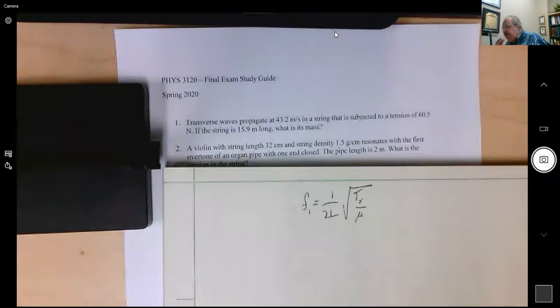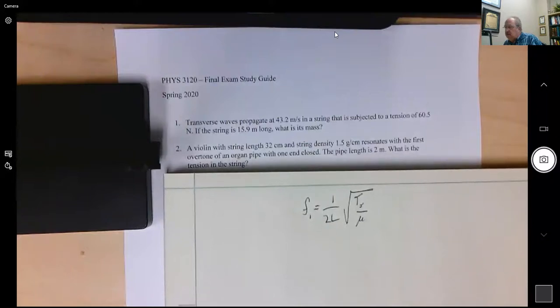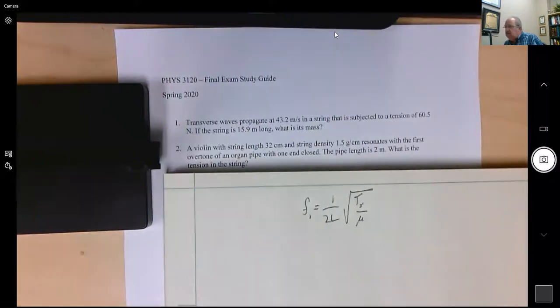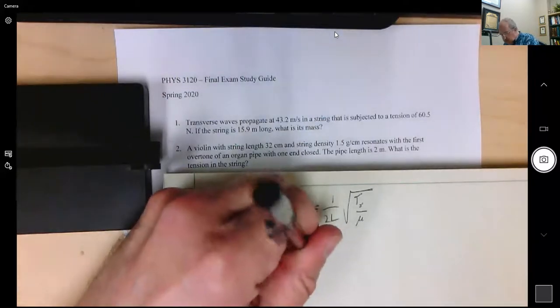We know everything in here except for the tension in the string. But we also know that the frequency of the violin string also has to be the same frequency that's in the pipe.